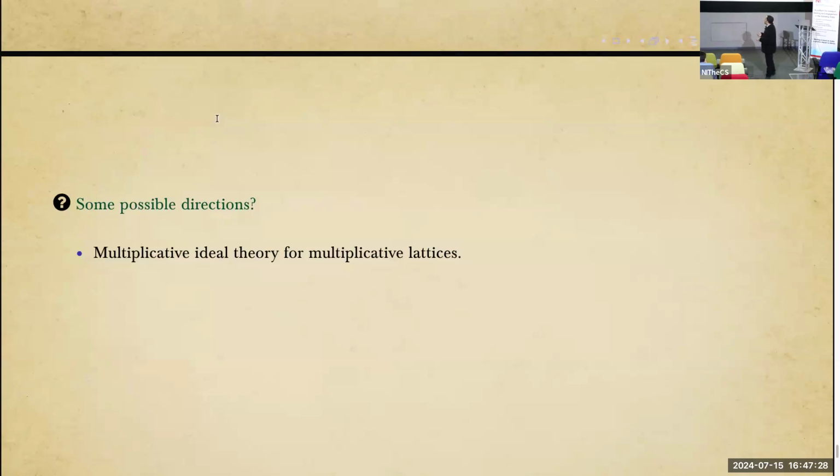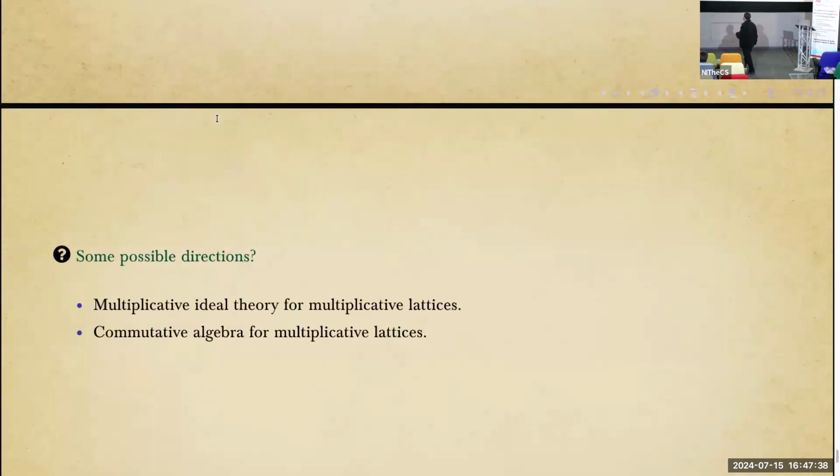The question is, can we do similar things with the multiplication structure in our multiplicative lattice, taking this special type of element? That could be one interesting topic. And then we already know that with ideals, we have commutative algebra, then modules. So the question is, can we do similar things for multiplicative lattices? Because there is already a notion of modules over a quantale.